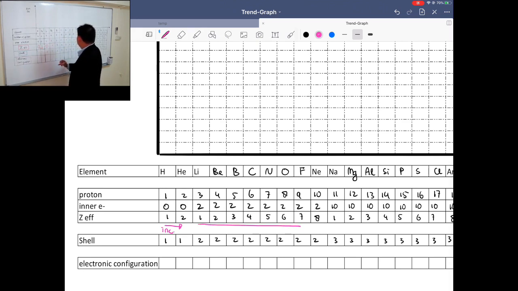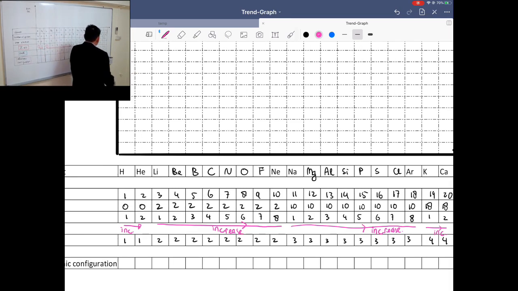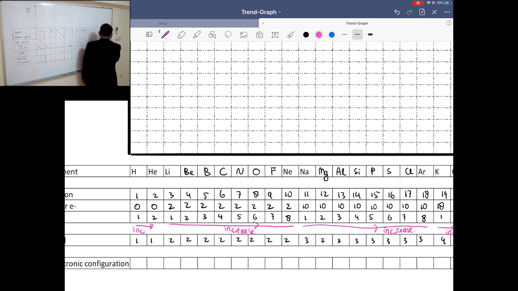From lithium all the way until neon will be increasing. So remember, this red arrow represents increasing. From sodium all the way until argon, it will be increasing also. Potassium and calcium also.